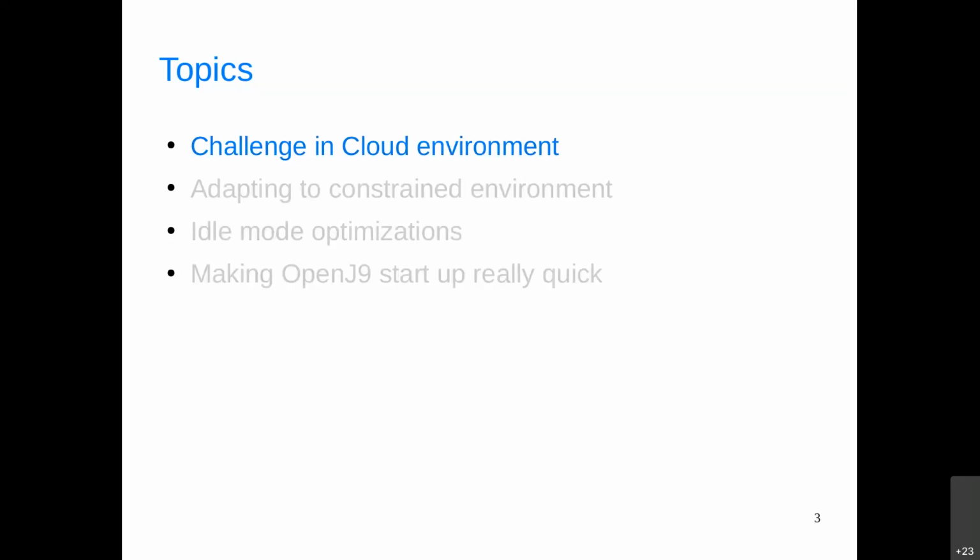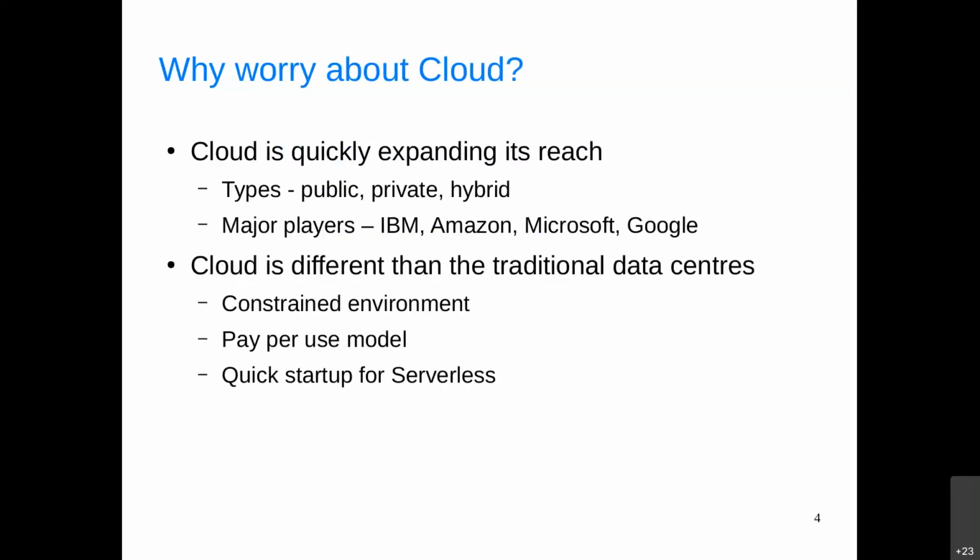So let's begin with the first topic, which is about challenges in the cloud environment. It is no brainer that cloud is quickly expanding its reach. More and more workloads are getting deployed on cloud environments these days, and newer applications are also written with cloud as the target.